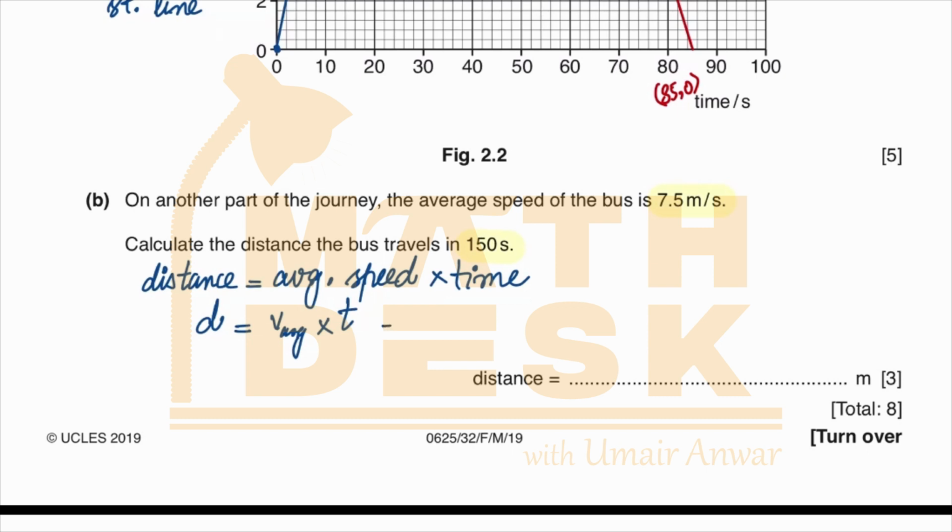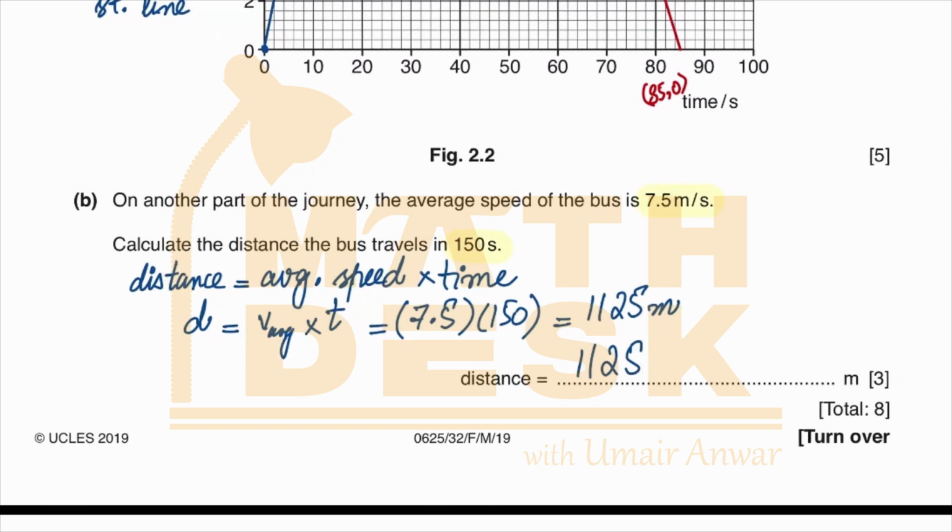So average speed is given to be 7.5 and the time is given to be 150. So the answer would be 1125 meters. And for the IGCSE stream, this answer is acceptable and it would be written in the answer space.